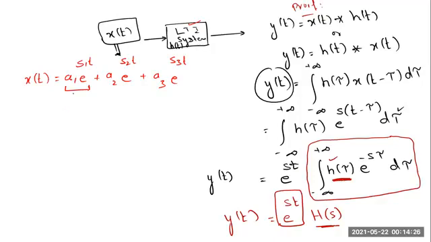So for this particular component, the output of the system will be H of s1 times a1 e to power s1t.